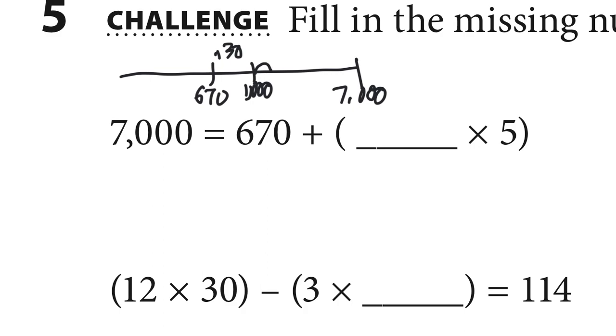And then if I went up 6,000, I would then be at 7,000. So that distance there, 670 to 1,000, that's 30. And then I add 6,000 more to get 7,000. That would be a total of 6,030. Correct?